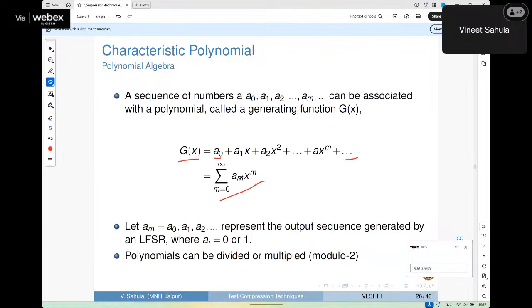Right? So these A1, A2, A3, AN, AM, they're all coming from modulo 2. They will only be 0, 1. So A1 to AM is the bit pattern, and G(X) is the polynomial corresponding to that. Do you understand now?